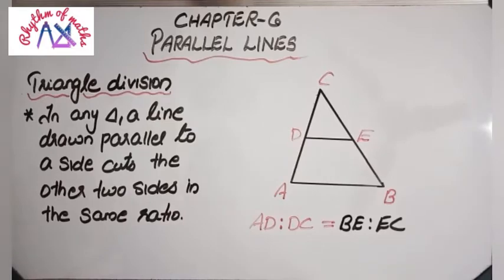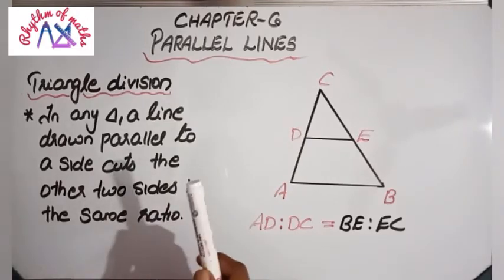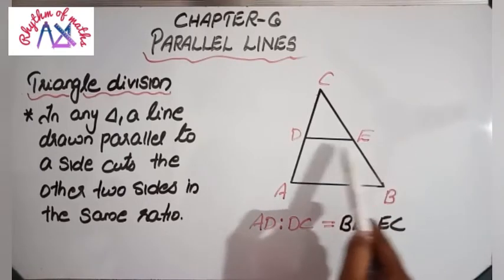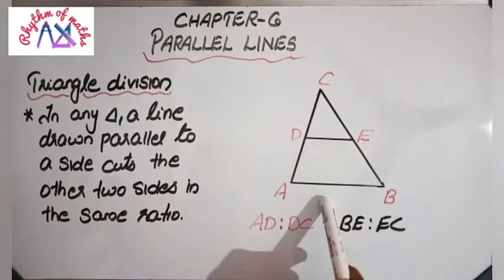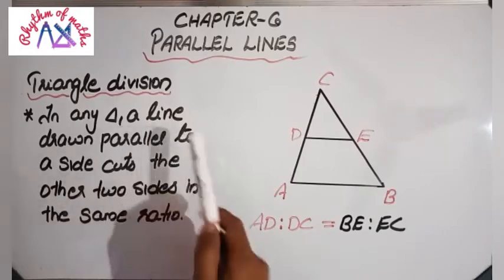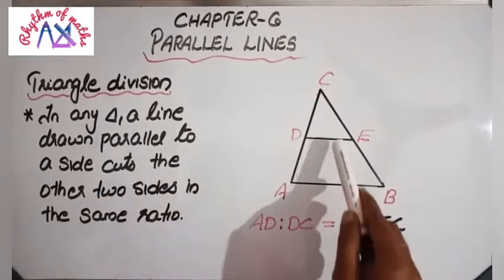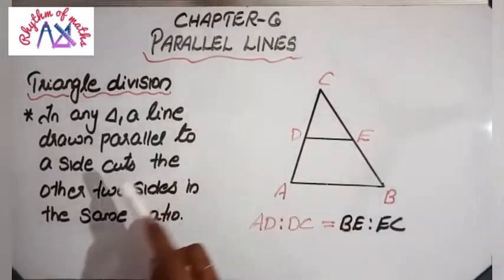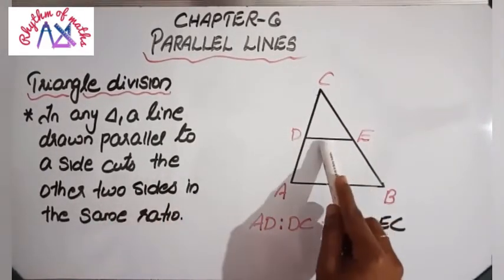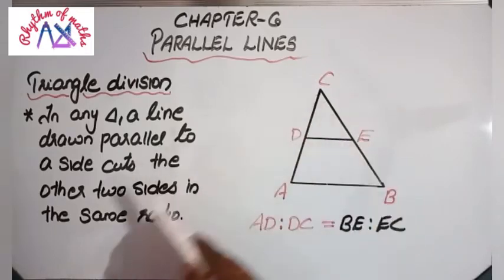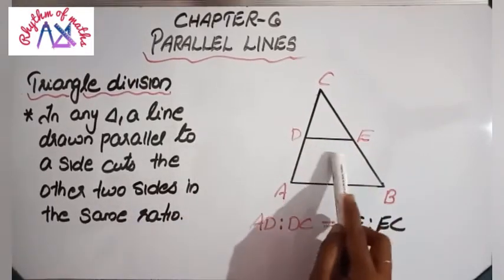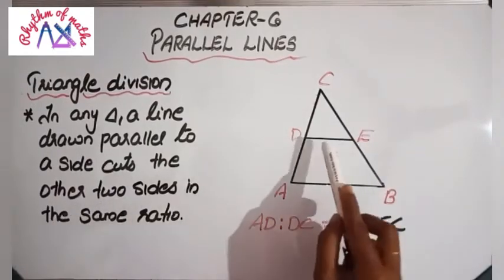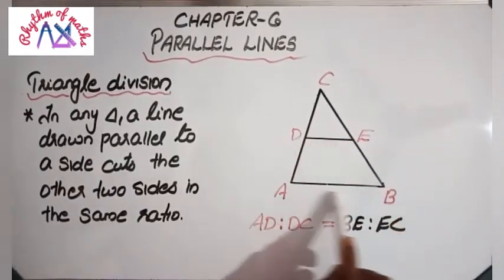Now the second concept is, a line which divides two sides of a triangle in the same ratio, then that line will be parallel to the third side. That means just a reverse of this concept. Here, if these two are parallel, then these two sides will be in the same ratio. For the second concept, if a line cuts the two sides in the same ratio, suppose this DE cuts these two sides in the same ratio, then we can say that this DE is parallel to AB.